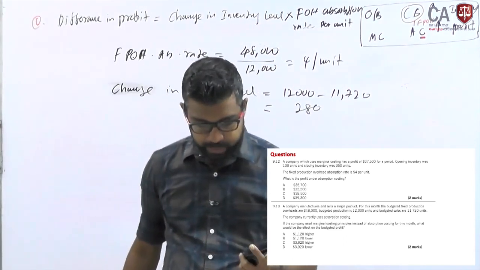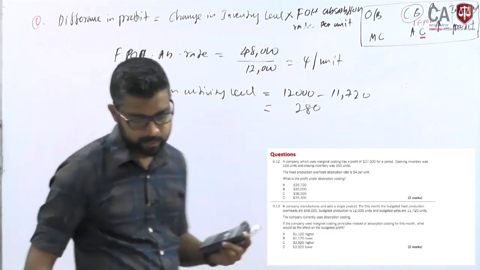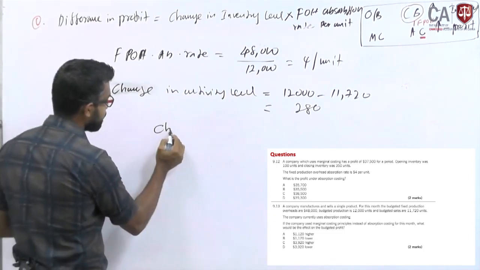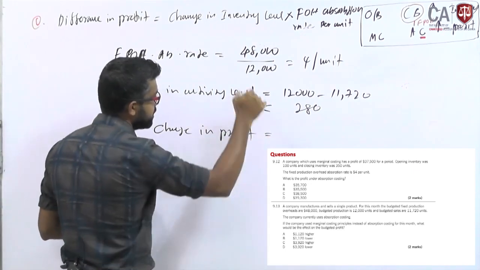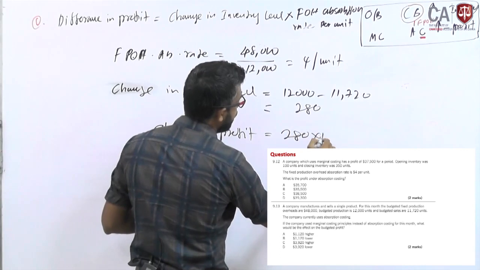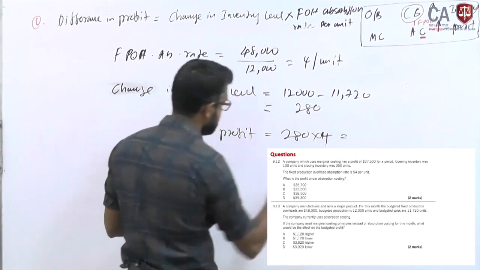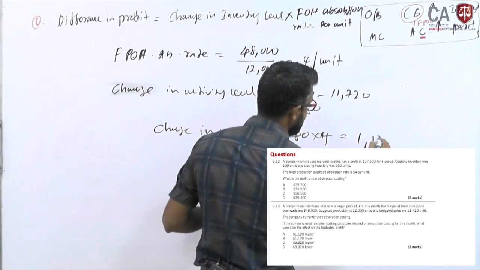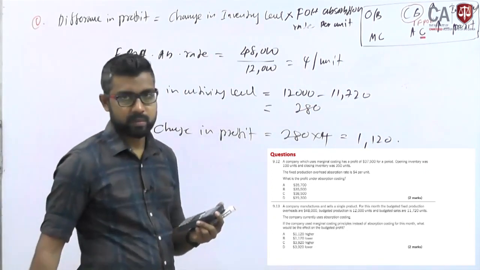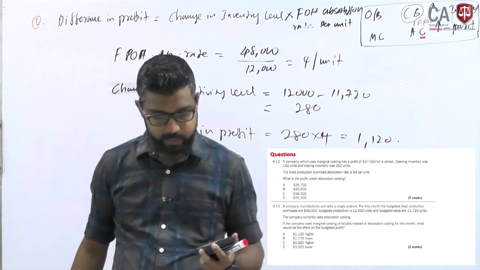Then you can calculate the change in profit. Same concept, 280 into 4 is 1,120, the profit difference.